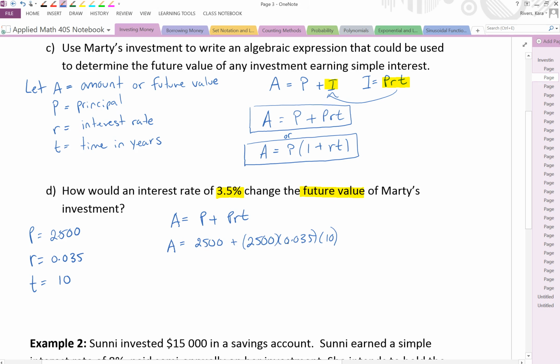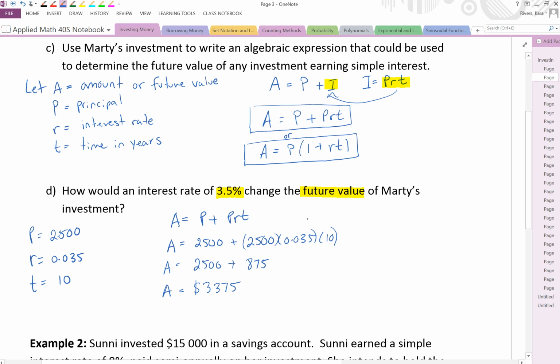So you're going to do the 2,500 times 0.035 times 10 first, and then add that on. So if you do that, you get 2,500 plus 875. So you get a total value, if we add those together, of 3,375.